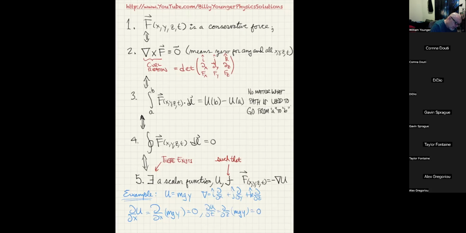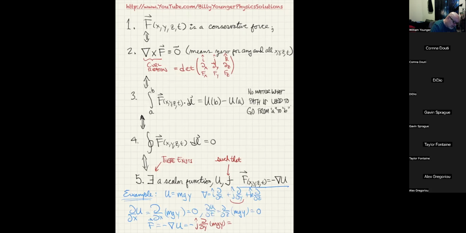So now I'm going to use this actual formula right here. I'm going to say F is equal to the negative gradient of U. Well, we've already worked out 2 of them. The one we haven't worked out is the one that we know is not going to be 0, which is this guy. So I'm going to say j hat partial with respect to y of mgy.